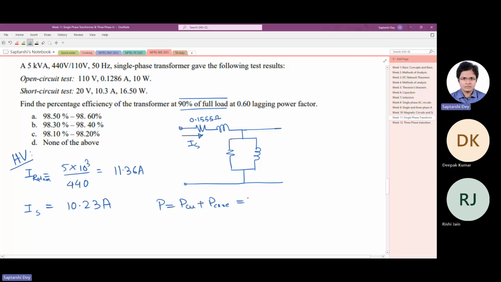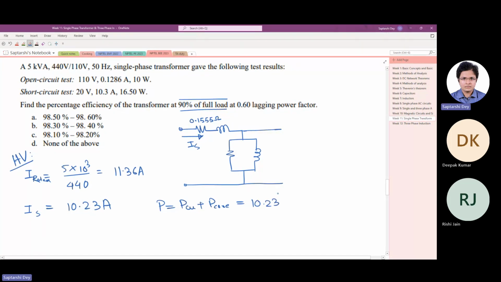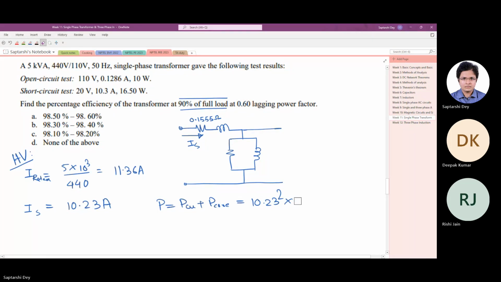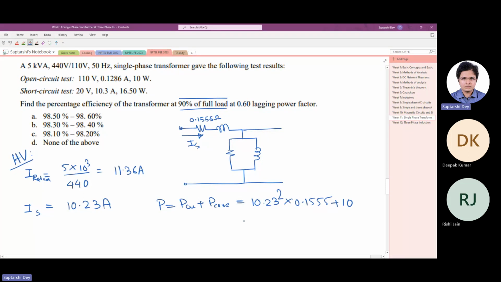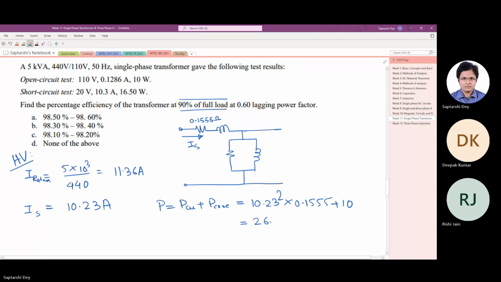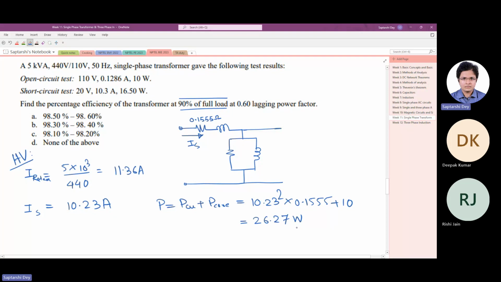Now you have copper loss of this much and core loss as usual, which is 26.27 watt. Okay, so this is the total loss.